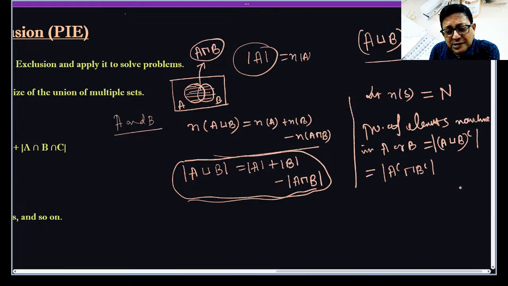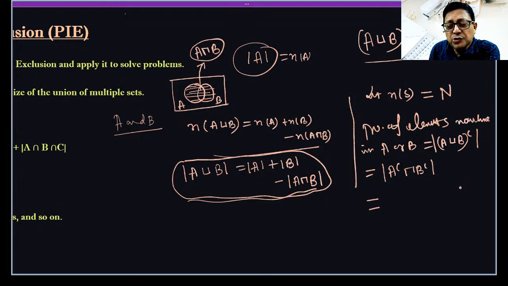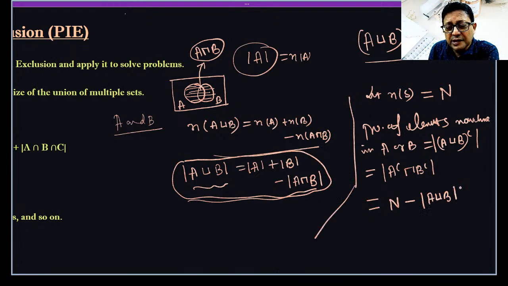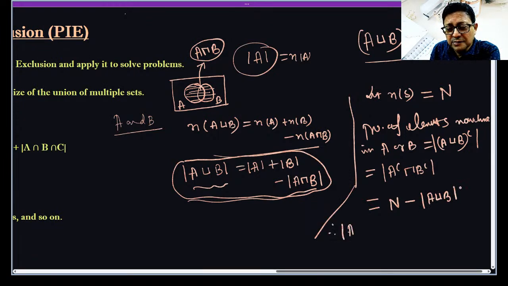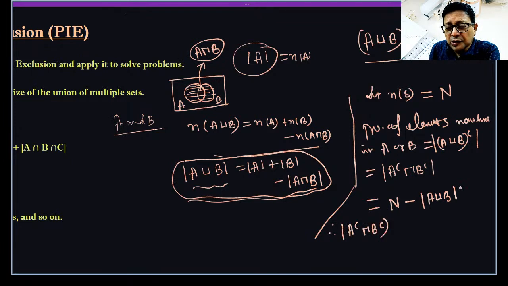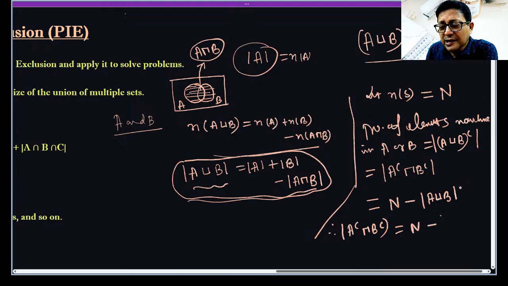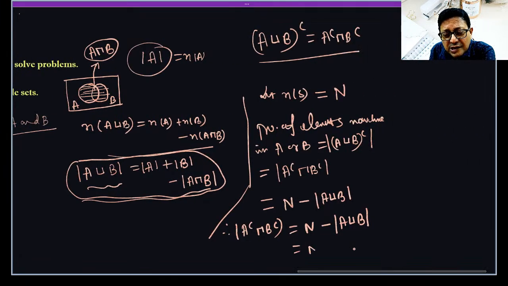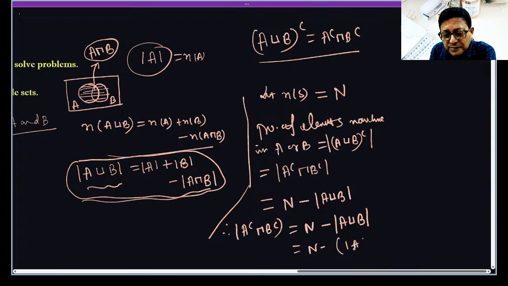So this thing how will you find? This will be total number of elements, from there we will subtract this thing, cardinal number of A union B. So cardinal number of this thing will be n minus cardinal number of A union B. This is nothing but n minus, okay.